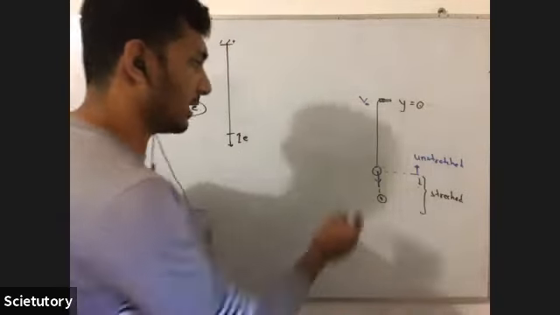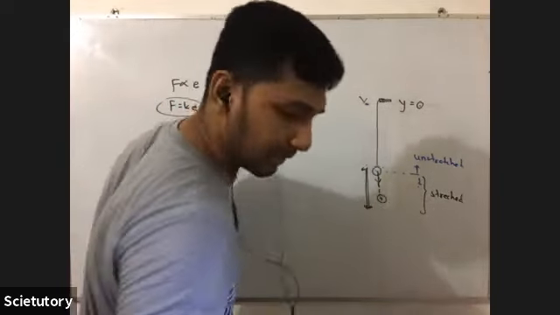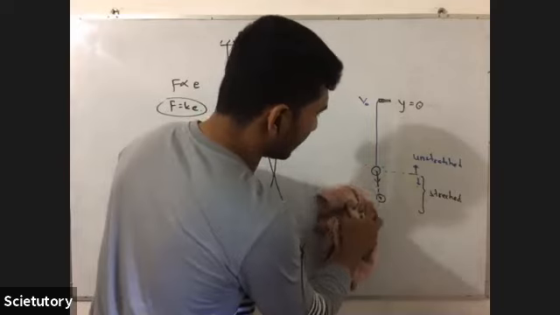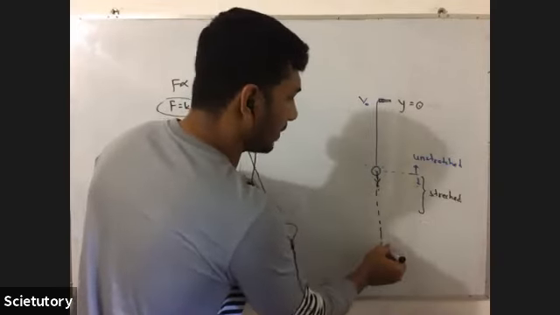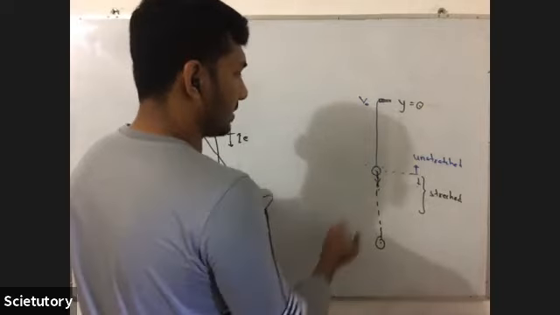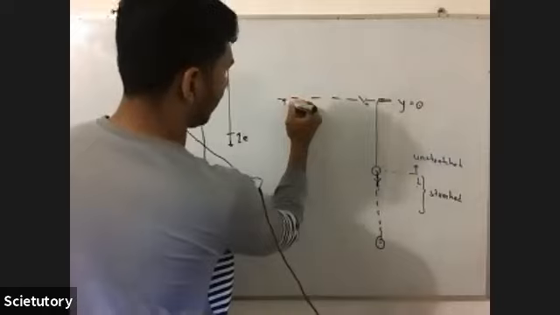And you have to consider the vertical height. I will explain. At one point it will come to rest. That's the lowest point at rest. So just find the distance from here to here.